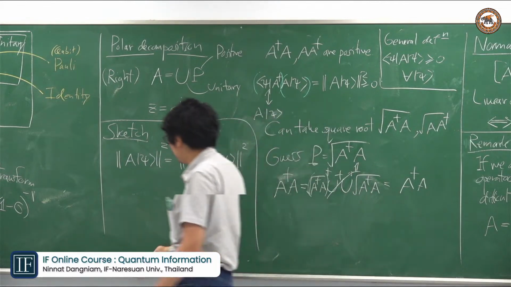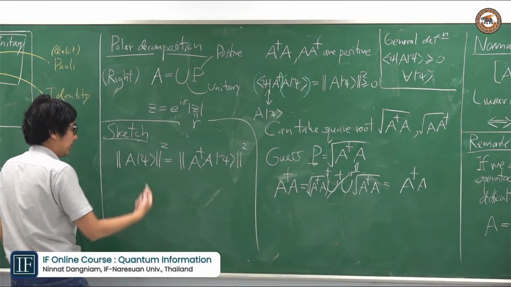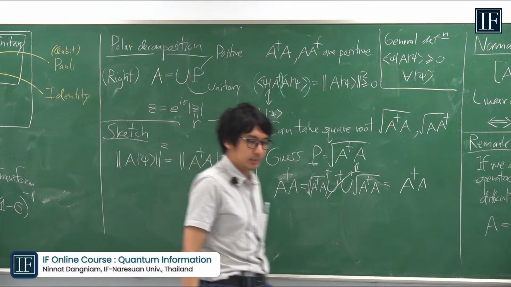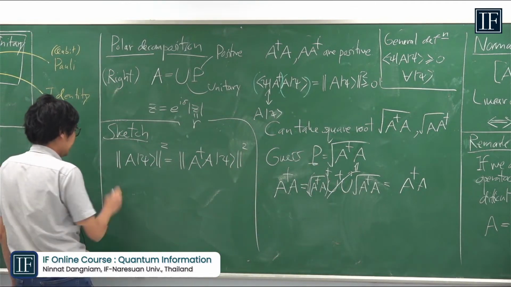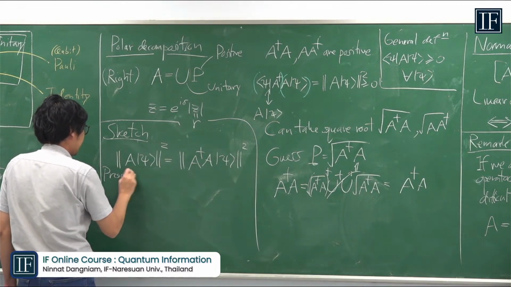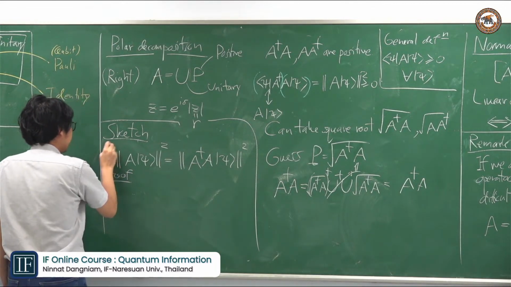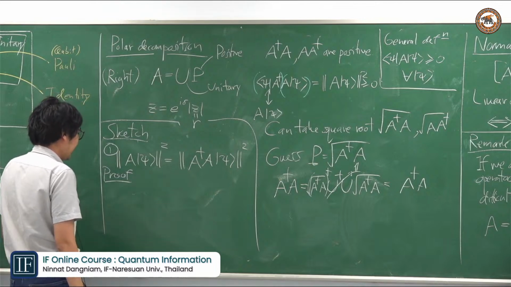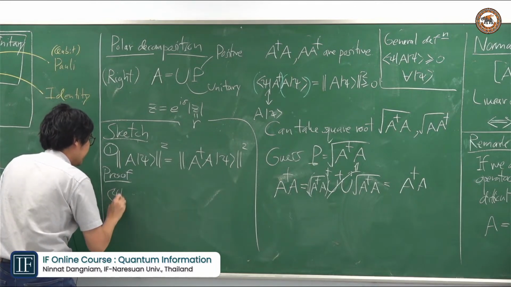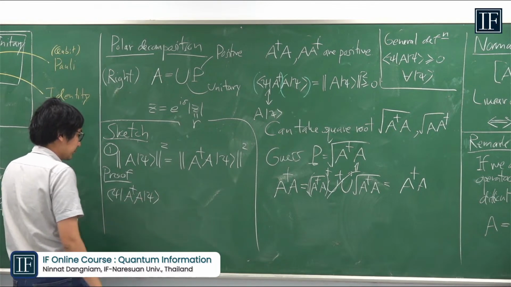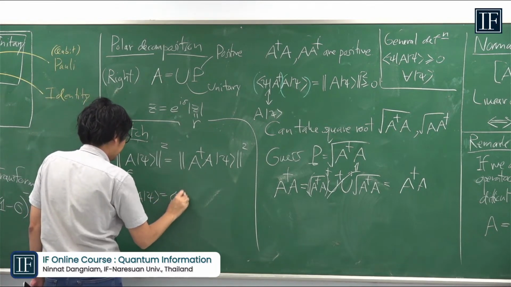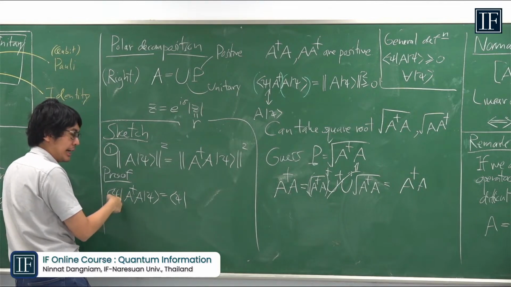So the usual way to show this is to first show this. How do you do this? You just write it out in full, and then you take the square root.